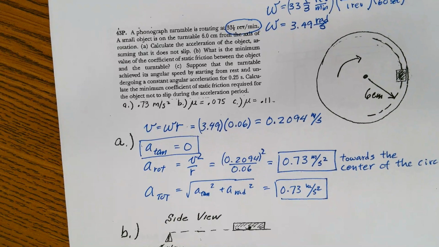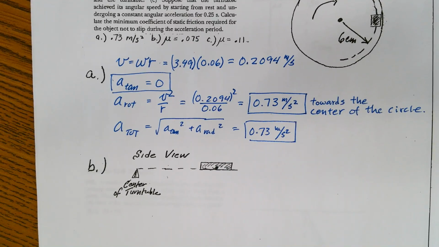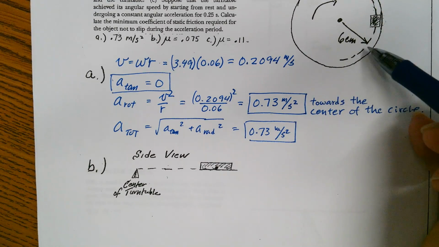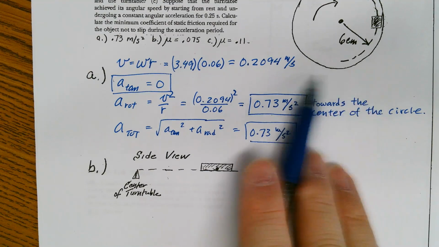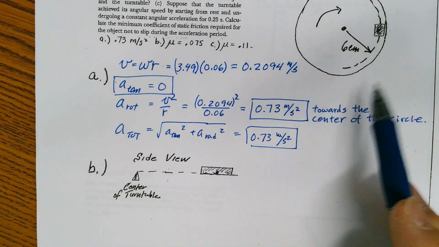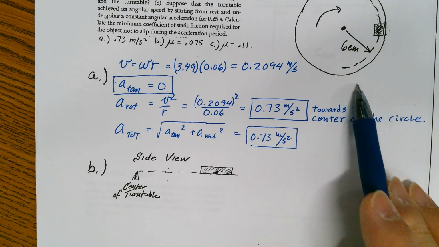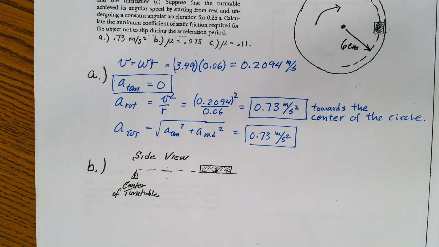All right. So let's take a look at part B. Now we're looking at this from side view, which means we're looking at it at the record level, at the turntable level. We're looking at it like this, right? So our eyeballs are right here, at the same height as the turntable, and this is what we will see.